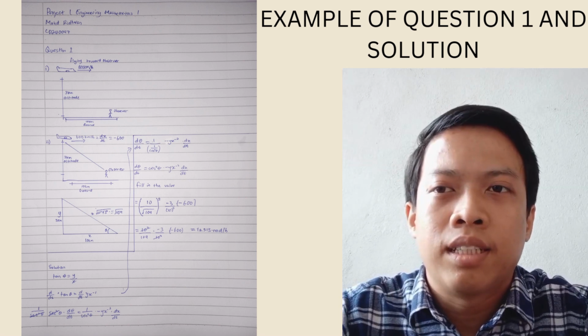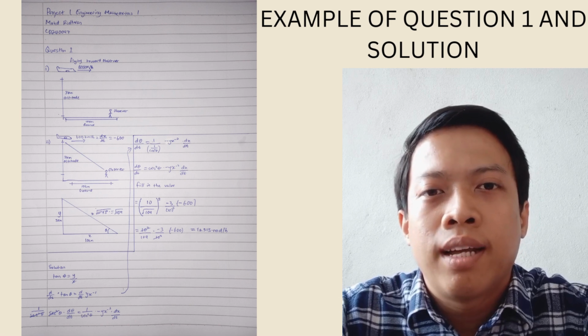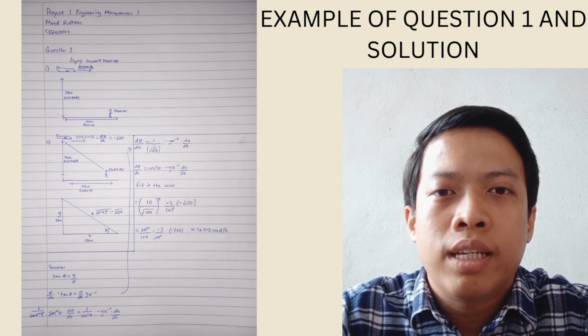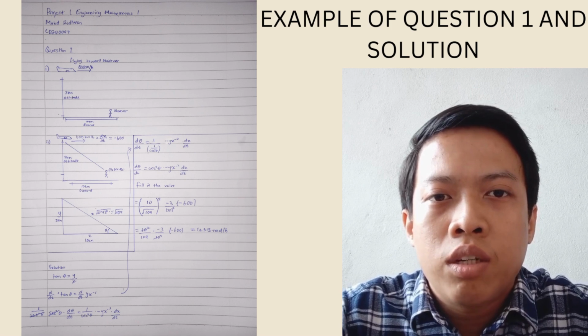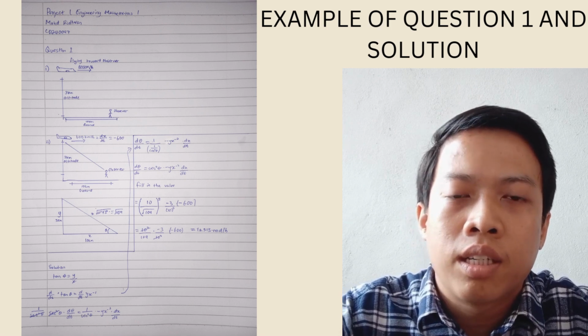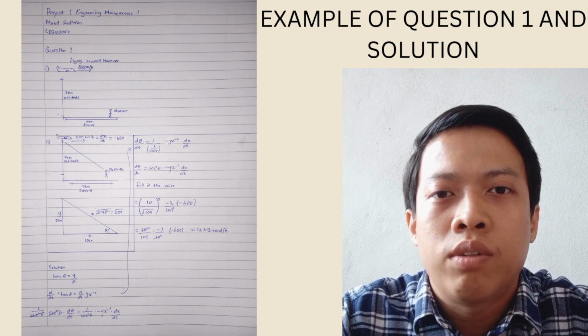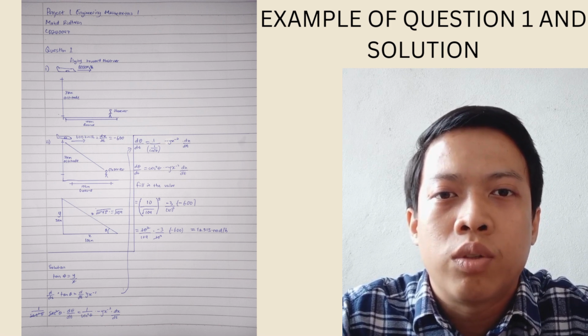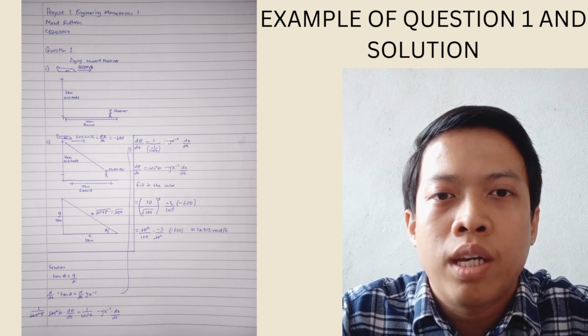This is the solution of the diagram above. tan theta equals y over x. Differentiate d over dt both sides. So we get d over dt of tan theta equals d over dt of y x to the power of -1.